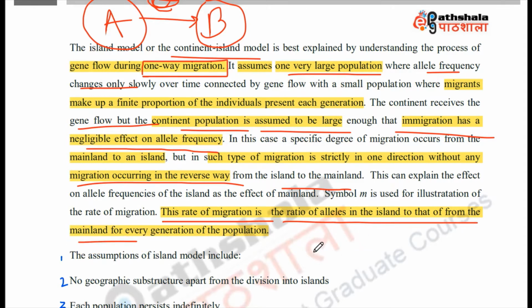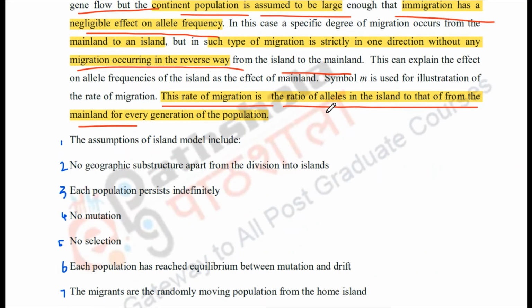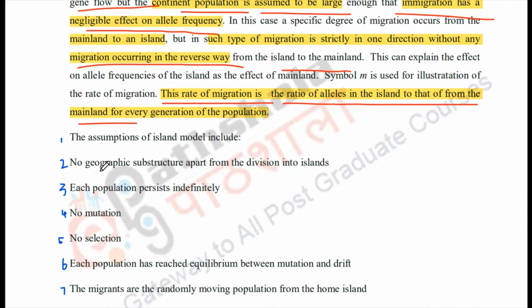So rate of migration is basically the representation of the alleles which are already existing in population B divided by those new alleles which are coming from population A, from the mainland. Okay, so that ratio is how the rate of migration is being calculated.